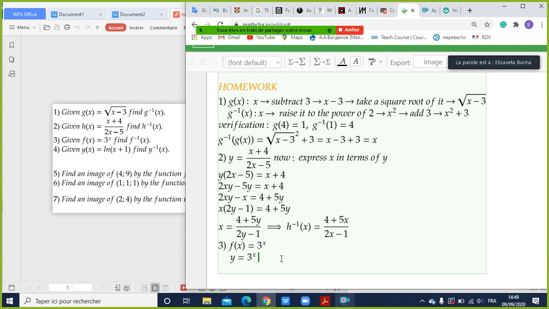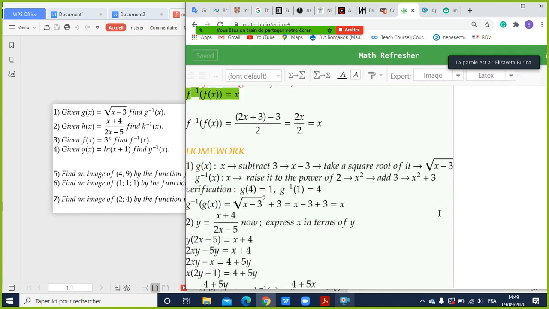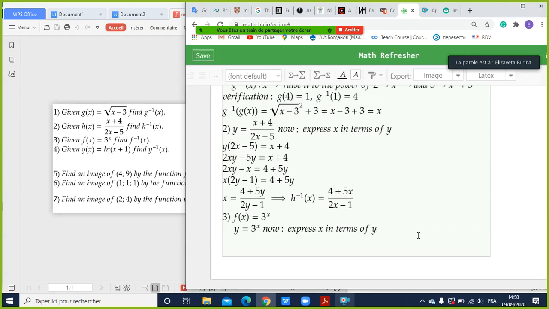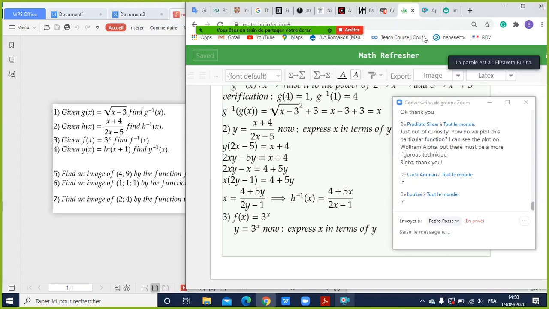Now, how do we express x in terms of y? The same thing. How do we do it? We think of how to extract x on our right side. By logarithm, yes, but why and how?